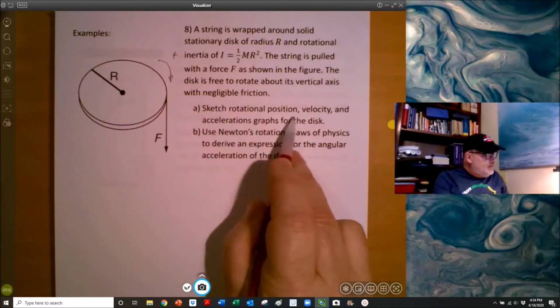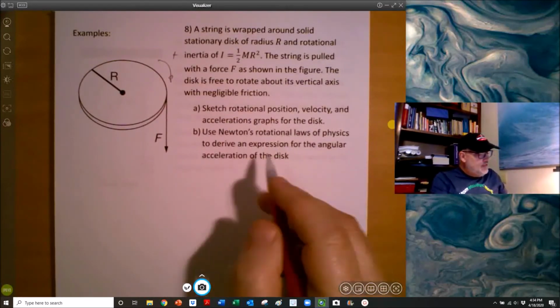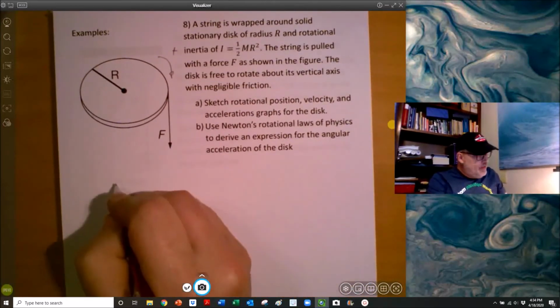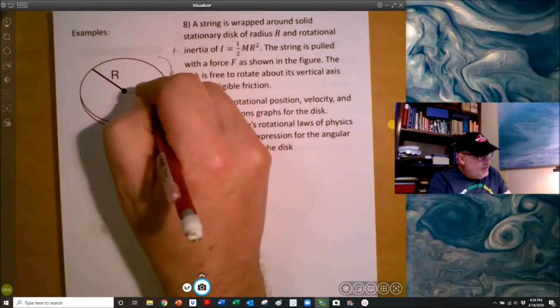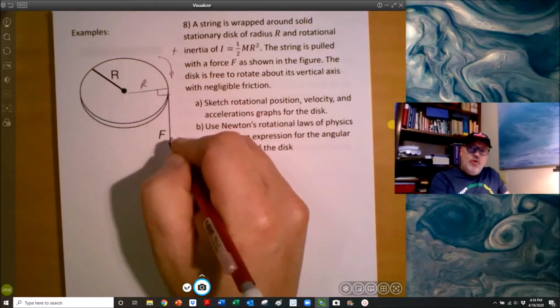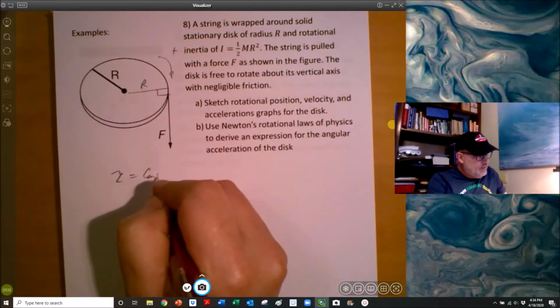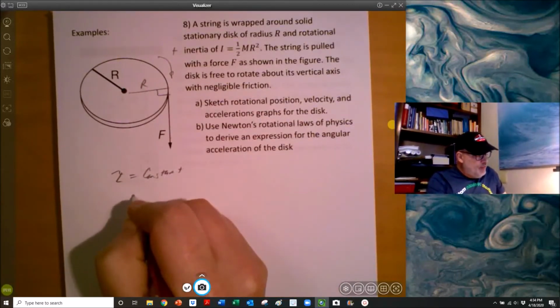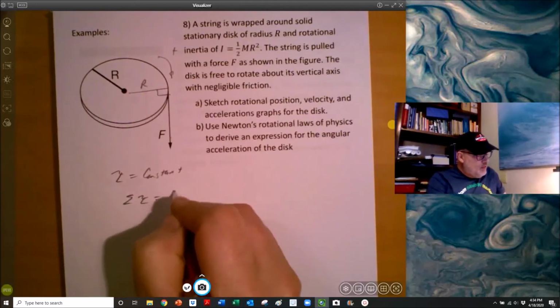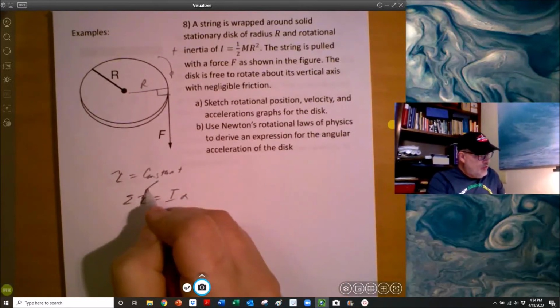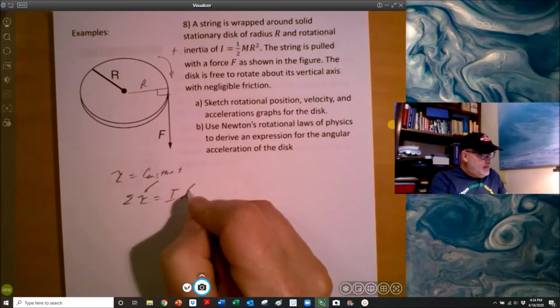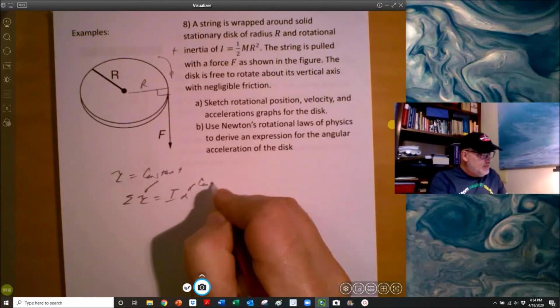And it says to sketch the rotational position, velocity, and acceleration. Now, we have a radius here and a force perpendicular to it. So this is going to produce a torque that's constant. And remember that the sum of the torques equals I alpha. So if the torque is constant, then the acceleration is constant.